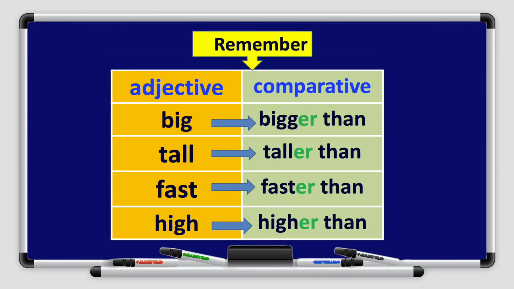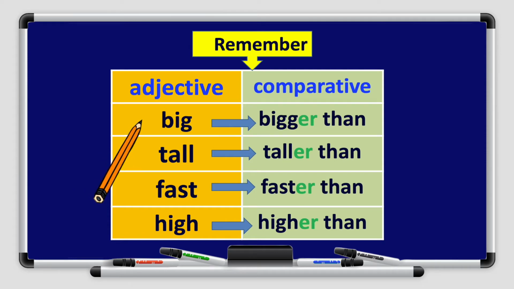Let's see how. We have regular adjectives, and we have comparative adjectives like big, bigger than, tall, taller than, fast, faster than, high, higher than. One more time. If we have only one thing to describe, we use the adjective big.